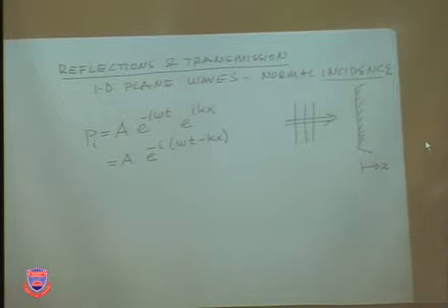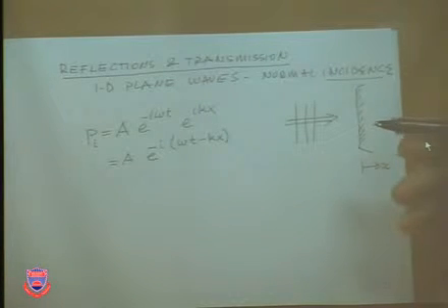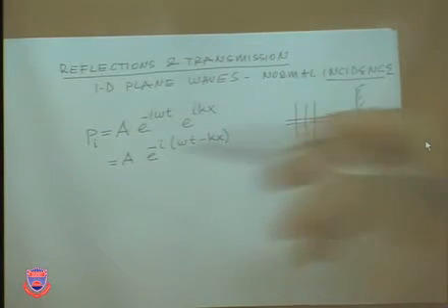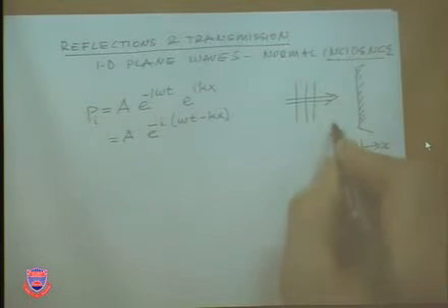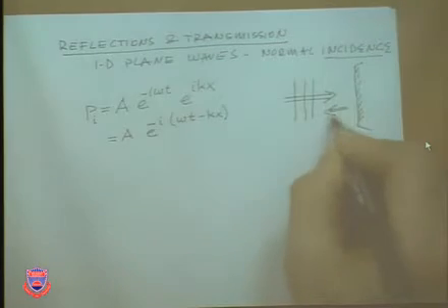Well, we said that when it interacts with the wall, some of it is reflected back. How does one write that equation, that expression for pressure? See, some of the sound now is going to be reflected back.